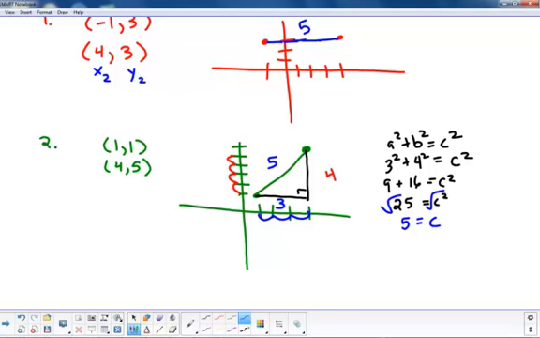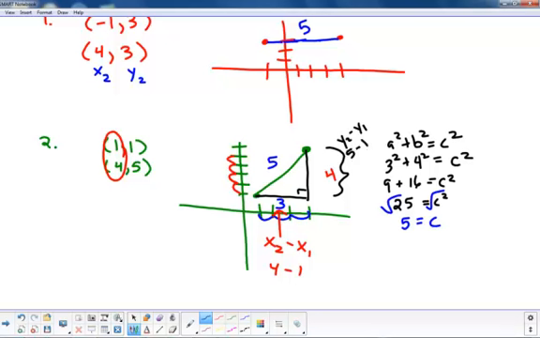So the distance formula is actually derived from the Pythagorean theorem. This 3 is figured out by doing the difference of the x's. So x2 minus x1. That's 4 minus 1. This 4 is figured out by doing the difference of the y's. And that would be our 5 minus 1.